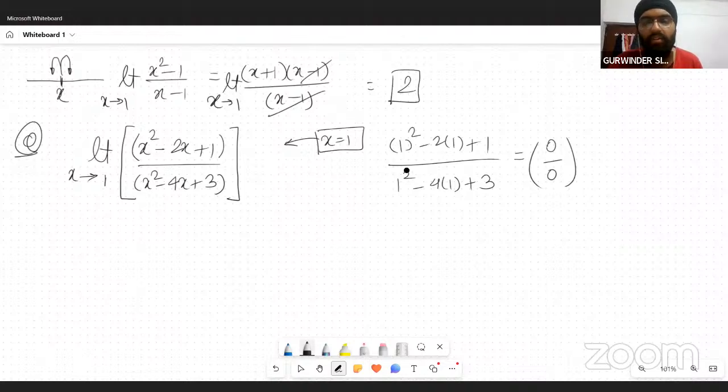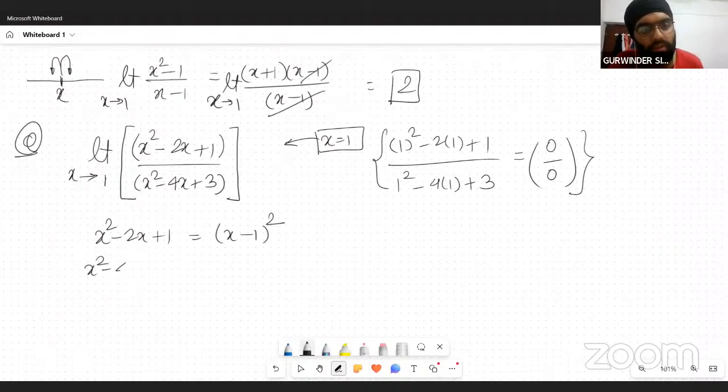Yes, exactly. You are correct. So we now get the point why we are not able to do it the direct way, as we used to do with normal polynomial functions. So we will continue the same way. x squared minus 2x plus 1 will definitely have a factor x minus 1, so it will be written as x minus 1 squared.